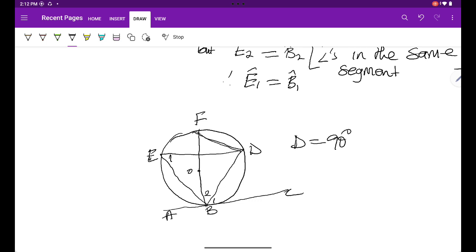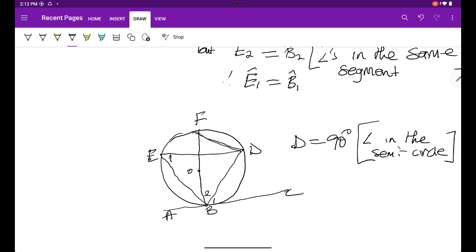Like in the first place, we had E1 and E2 being 90 degrees. Now we will say D is 90 degrees. Same reason, angle in the semicircle or angle subtended by a diameter. So D is 90 degrees.